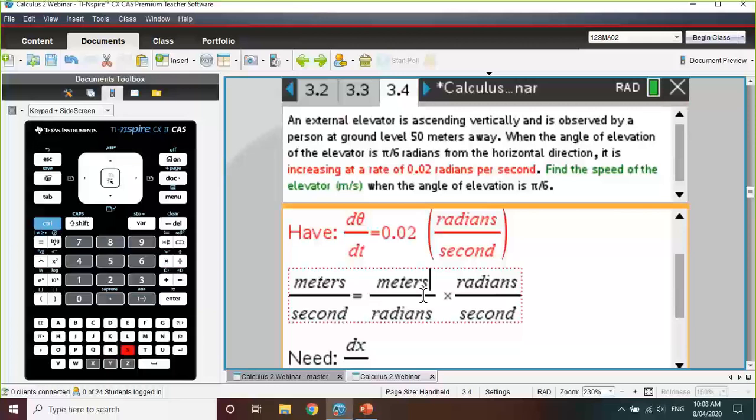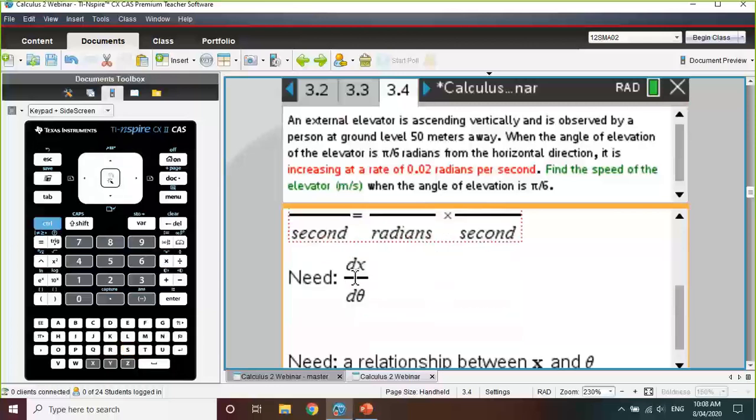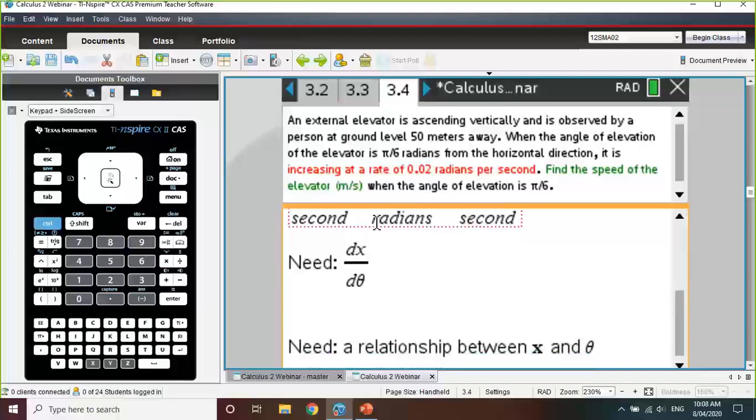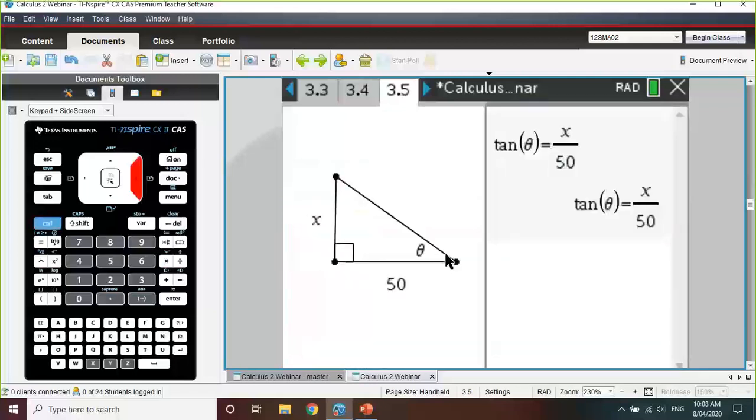So that means we need dx/dθ. This is the process we can go through to identify what we need to know in order to work out this question. To work out dx/dθ, we need some relationship between x and θ. So from here, we can take a step back and look at the diagram given to us.